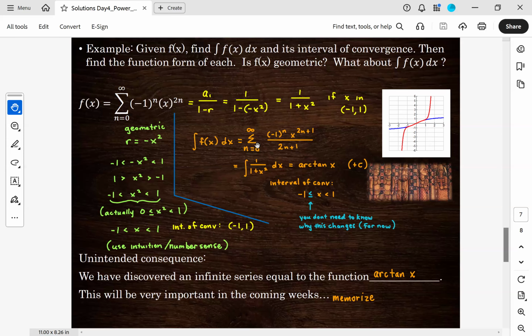Down in the orange here, this is my integral of the original series formula. Again, for the calculus steps, we treat n as the constant, x as the variable.